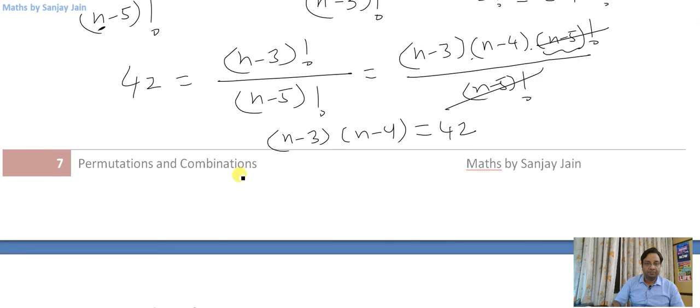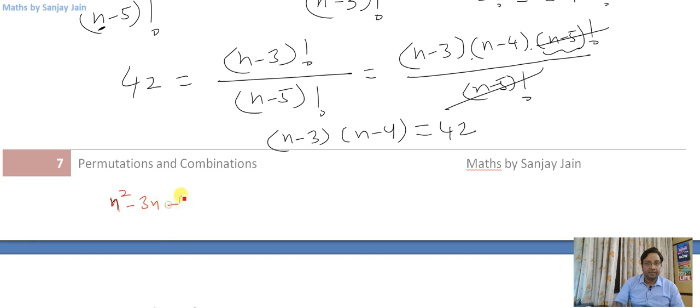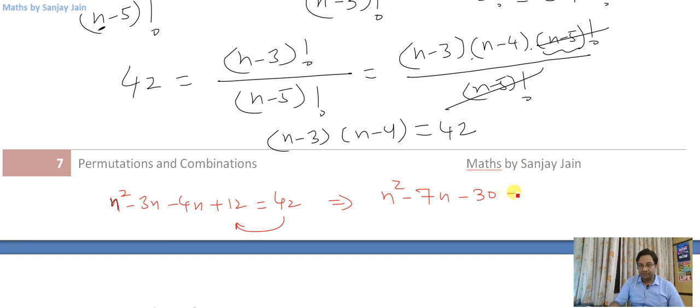So let us simplify this further. I can write it as n squared minus 3n minus 4n plus 12 equals 42. So this can be written as n squared minus 7n minus 30 equals 0, if I bring this here. So how can I factorize this? n squared minus 10n plus 3n minus 30 equals 0.